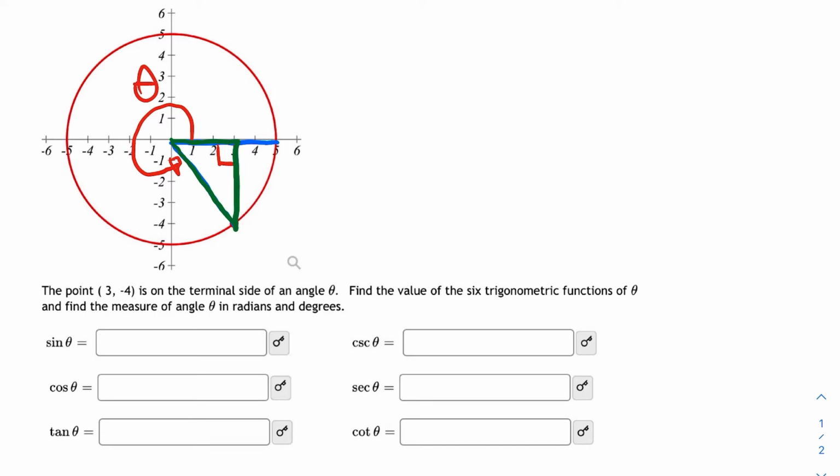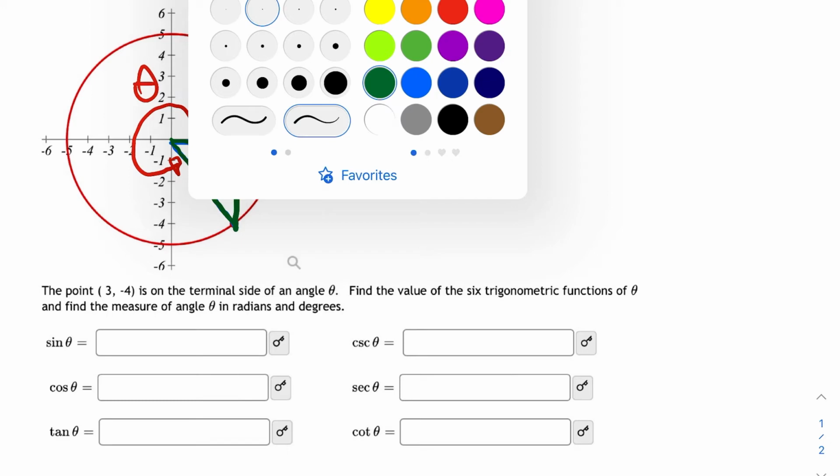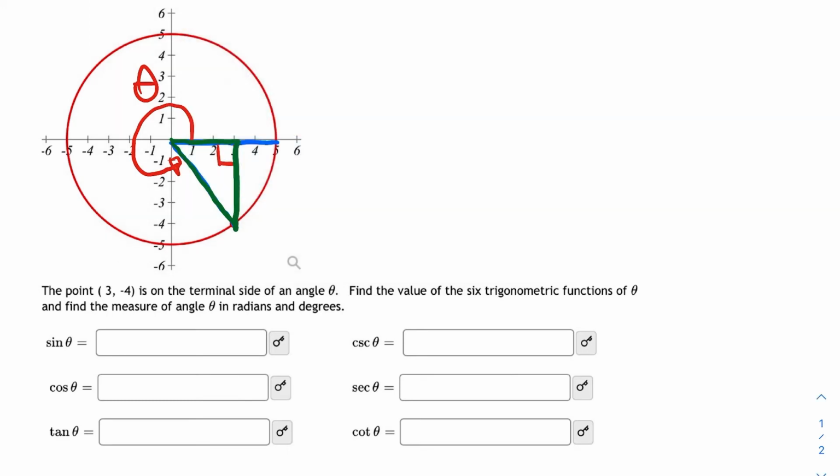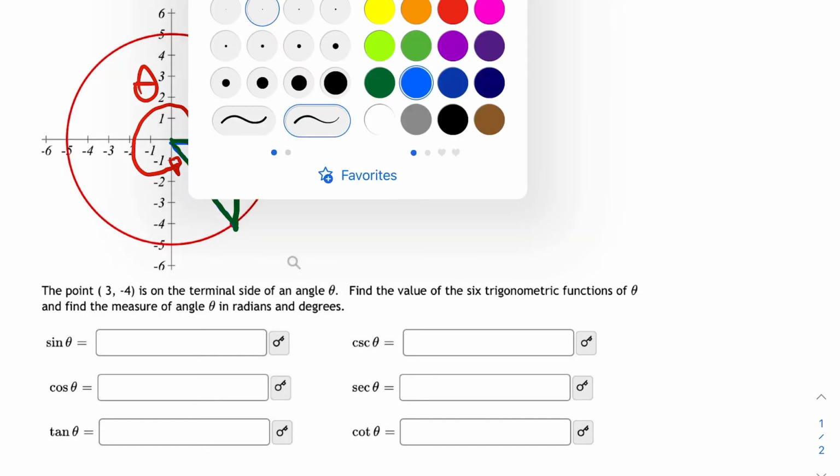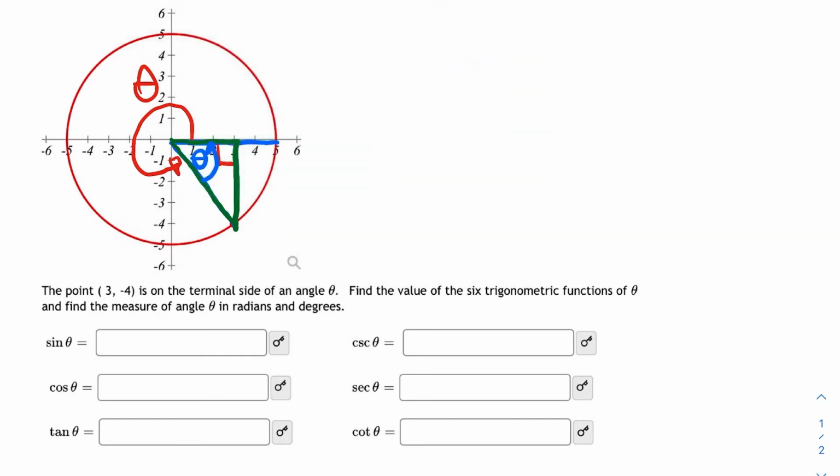And there's an angle on the inside of my reference triangle that's related to theta. This angle right here on the inside of the reference triangle is related to theta. Actually, if you add that angle to theta, you'll get 360. So this angle, I'll call it theta prime, is the difference between 360 and theta.